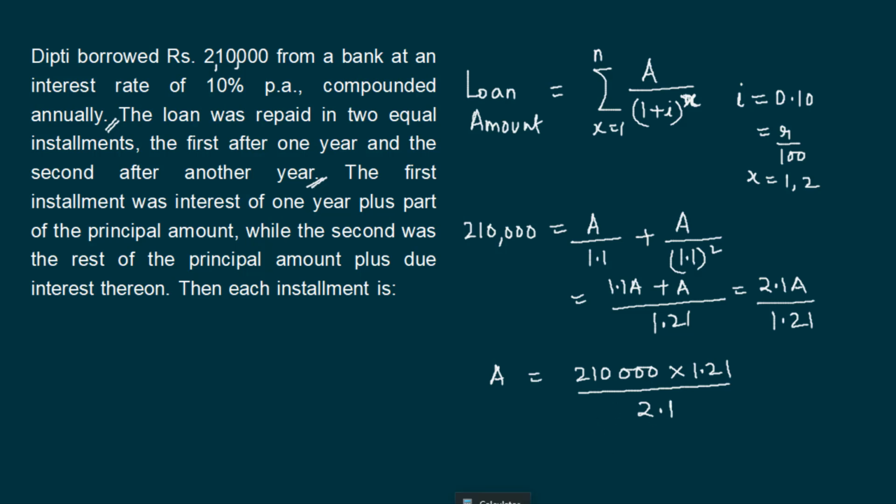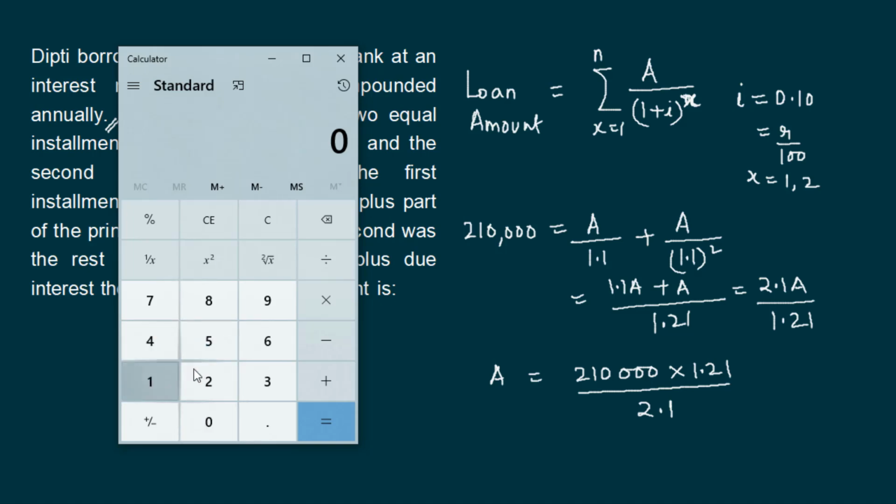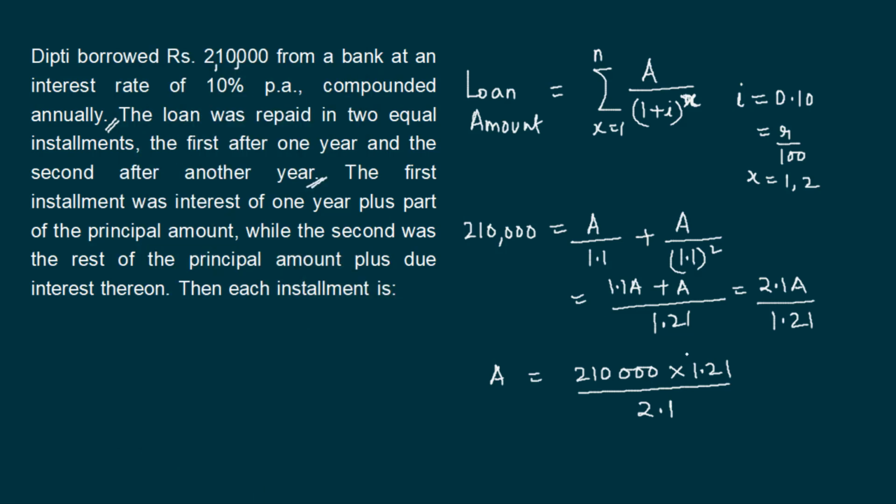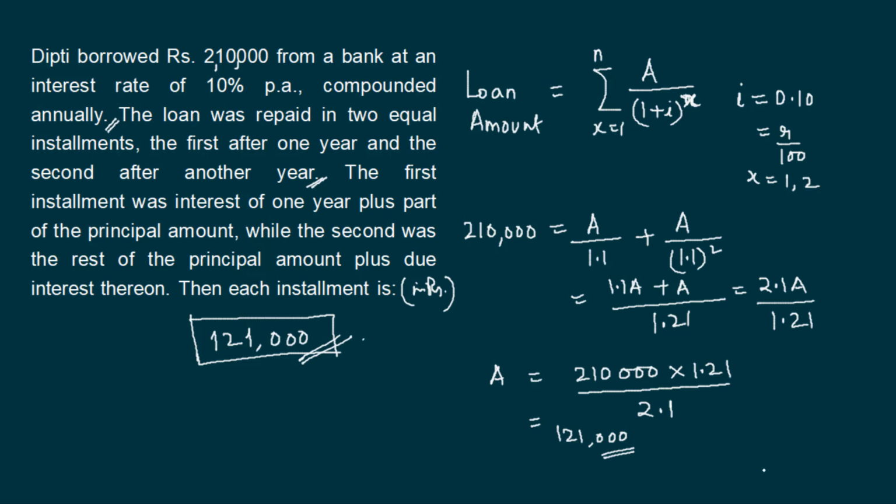Let's see. 2,10,000 into 1.21 divided by 2.1 is 1,21,000. So the installment amount is 1,21,000. Since it is a type-in question, each installment is in rupees, we'll feed in 121,000.